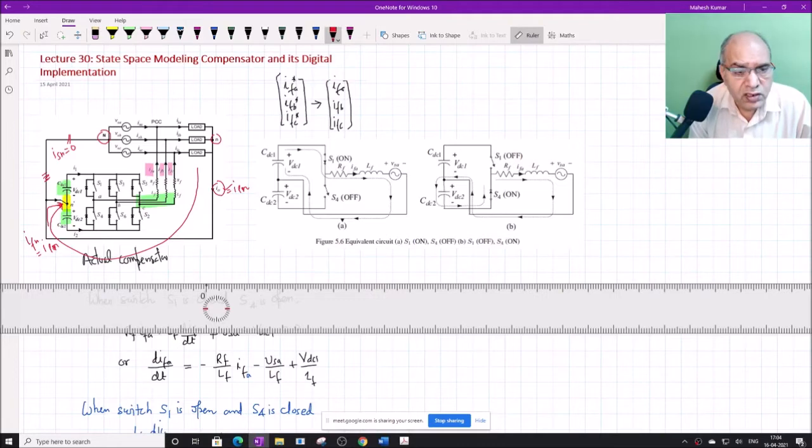There are two DC storage capacitors, CDC1, CDC2. Actually they are the same in design, so CDC1 is taken equal to CDC2 equal to CDC, or simply you can take C. And on the AC side we have a filter. This is the filter inductance LF, and RF is the resistance of this LF.